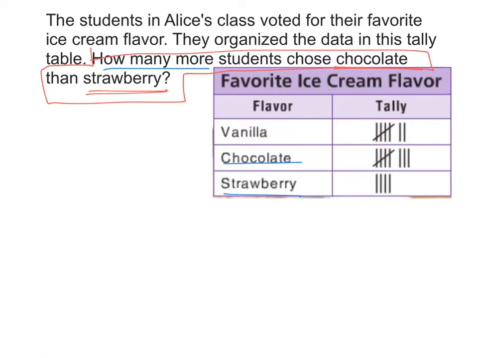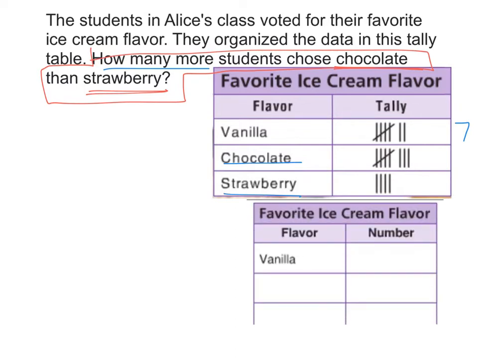So we can simply write 7 to show that the tallies equal 7. We can also record it in another table. So for vanilla, we know that it's 7.